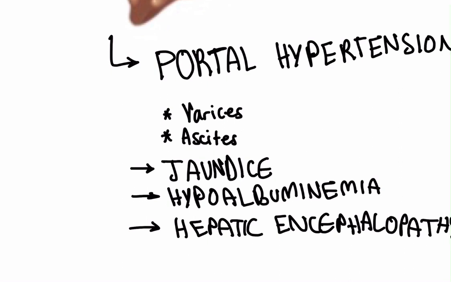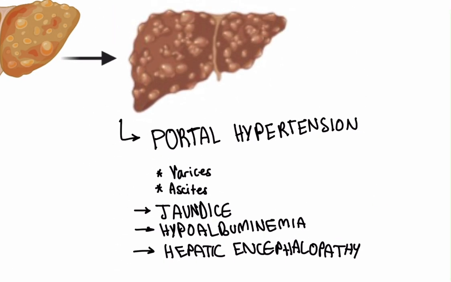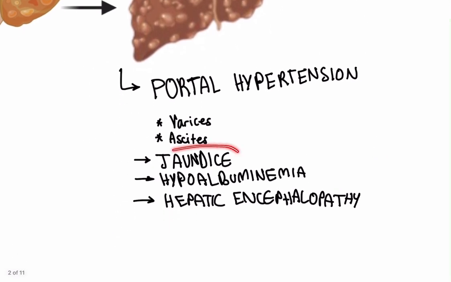But losing that albumin, as well as increased pressure from portal hypertension, can lead to the secretion of fluid from blood vessels into the peritoneum. You also see, in cases of cirrhosis or fibrosis, jaundice as a result of the inability to metabolize bilirubin and secrete it in bile.